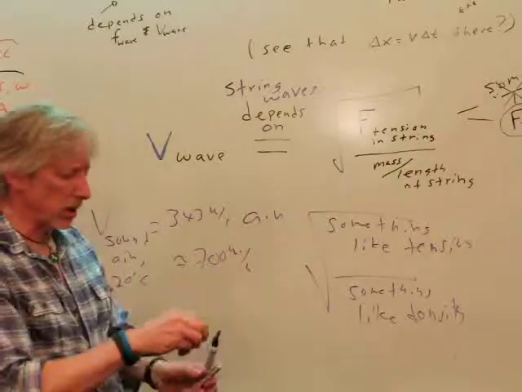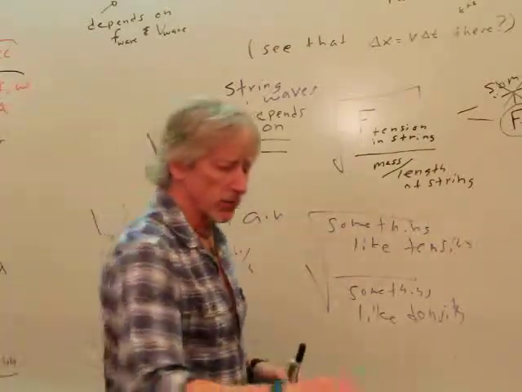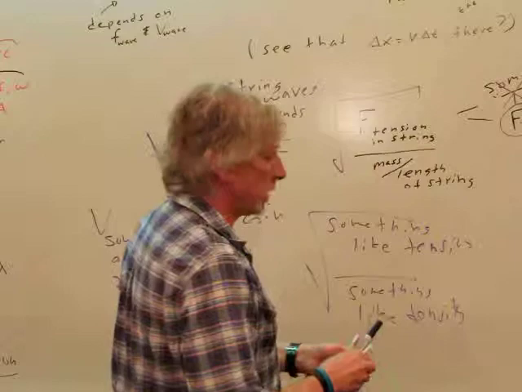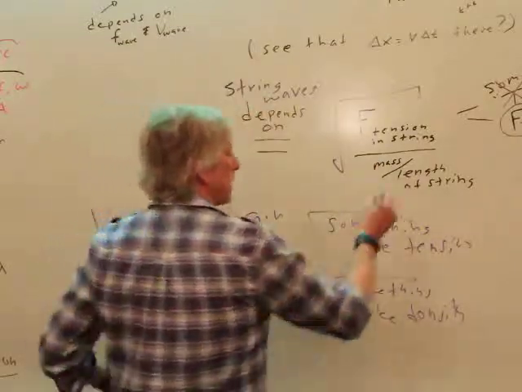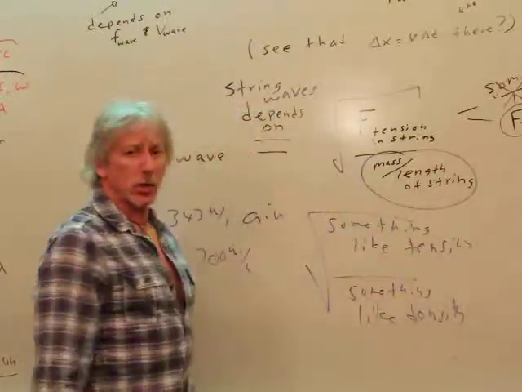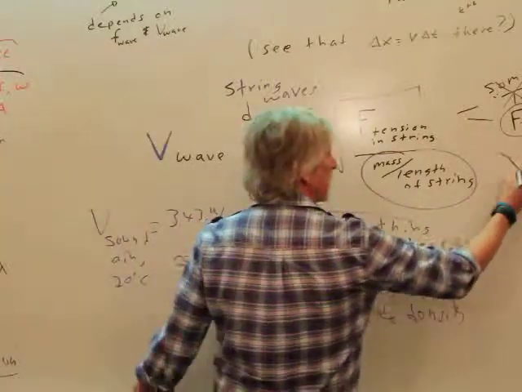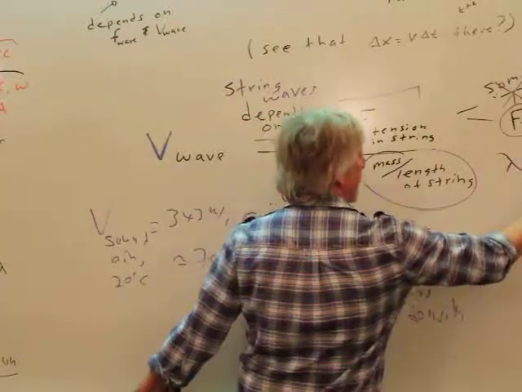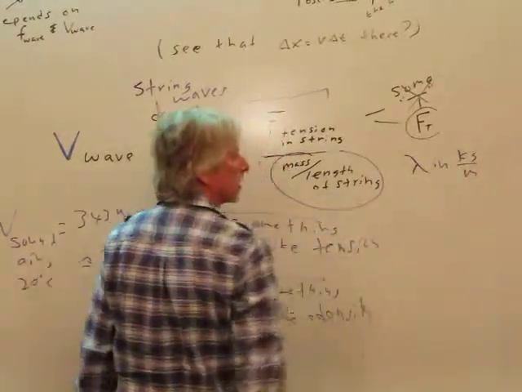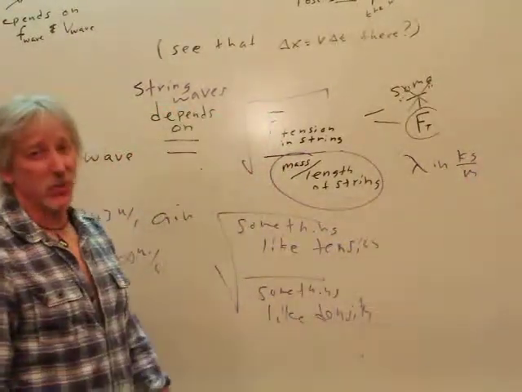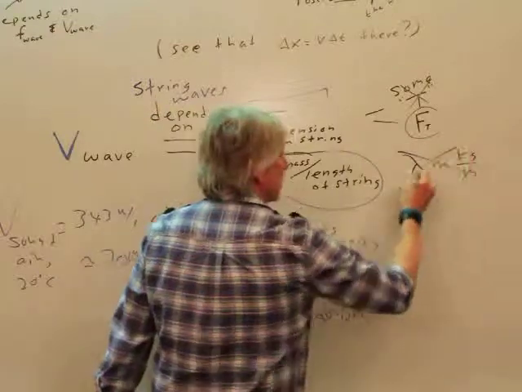I wanted to note what books will write for this guy here, mass per length. That's problematic too, because often we'll use lambda as mass per length. Well, that's really a problem, right?